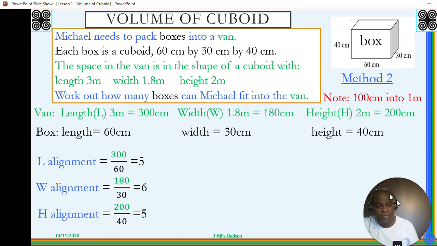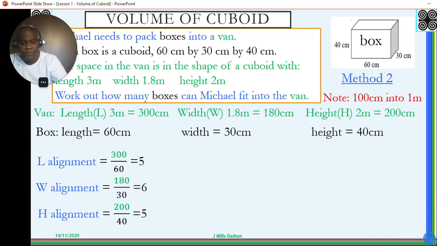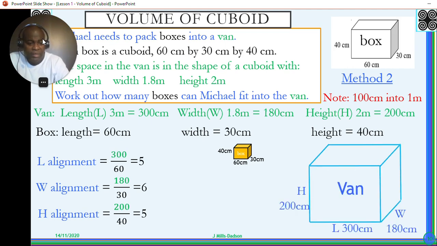Let's have a bit of simulation to prove that. This is the box 40 by 60 by 30. This is the van, also 200 by 300 by 180, according to the calculation that we have over here. Let's pack the boxes.